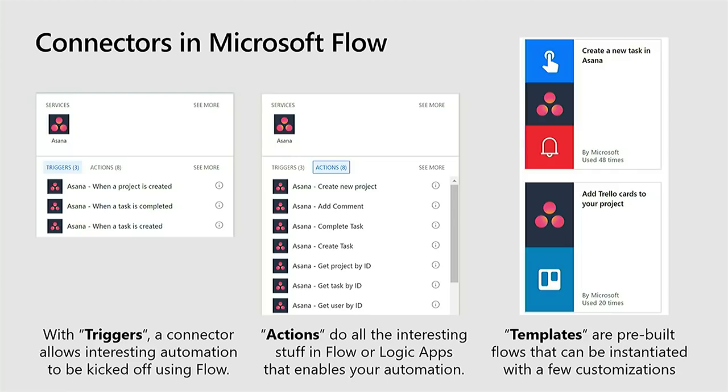So a connector really allows you to take advantage of all the business automation that you can do using Microsoft Flow. And with templates, you can create a flow very quickly with just a few clicks. Think of templates as pre-baked, pre-built flows where you just specify some configuration properties and you can get a flow running.